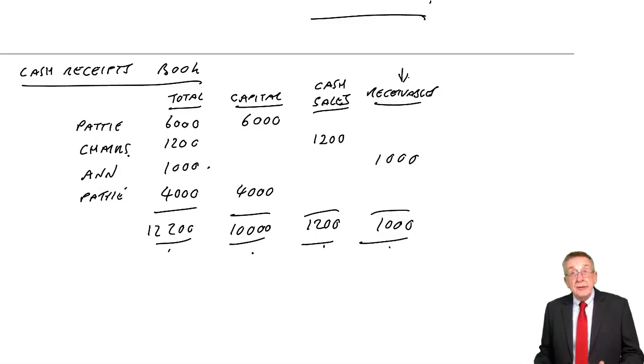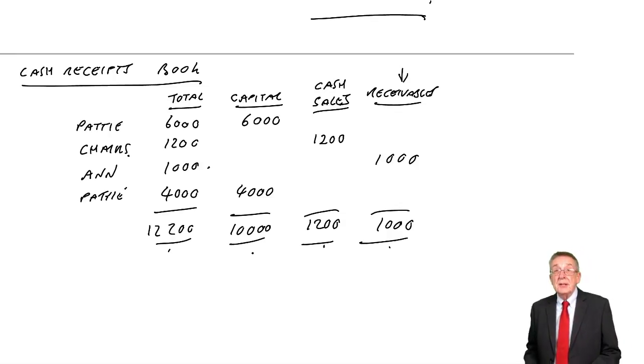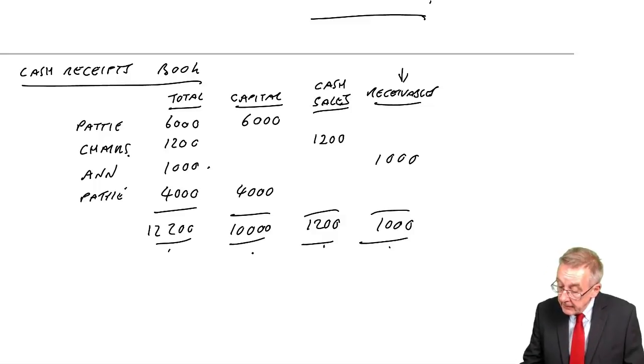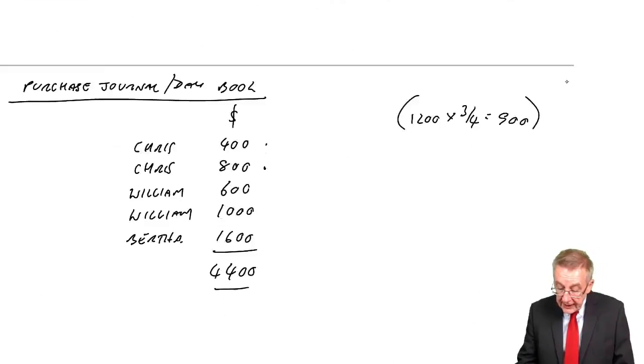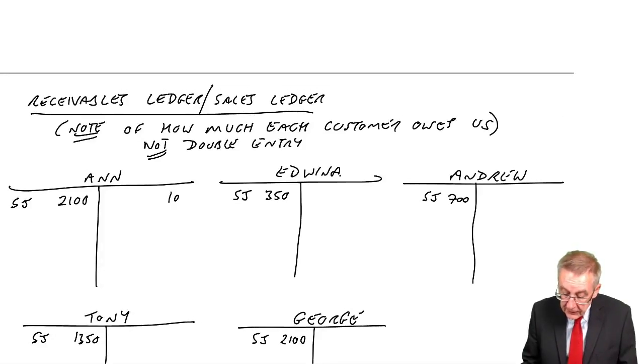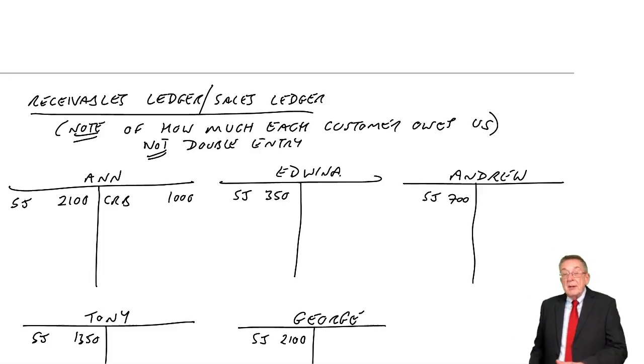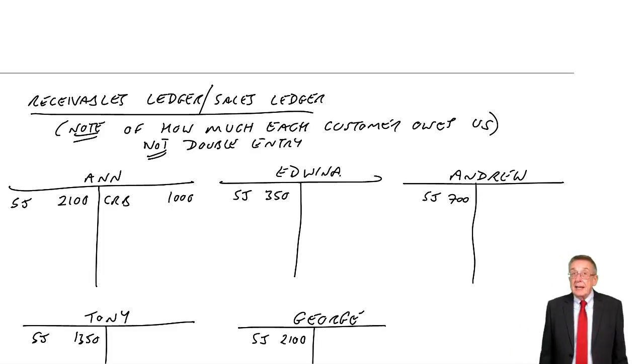And so, every time we receive cash from a receivable, here Anne, 1,000, at the same time we'll make a note on Anne's page that we received 1,000. I'll write against it CRB for cash receipts book. It doesn't matter, but simply because that's where we check if something had gone wrong.